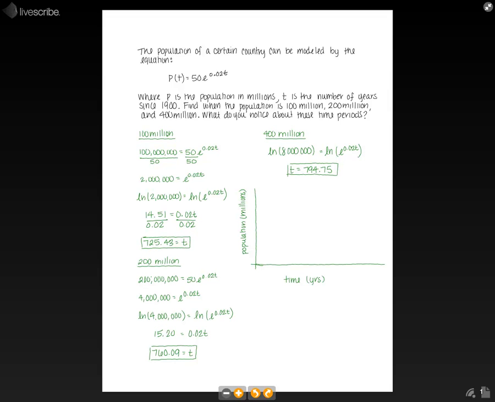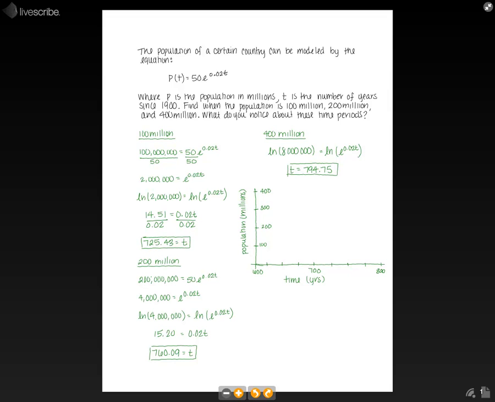Let's start at 600 years, this is 700 years, and this is 800 years. On the population side, we've got 100 million, 200 million, 300 million, and 400 million people.